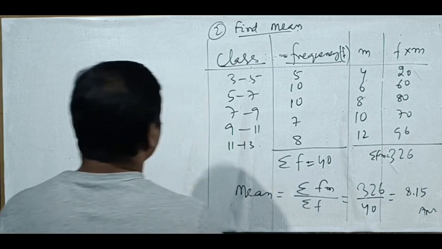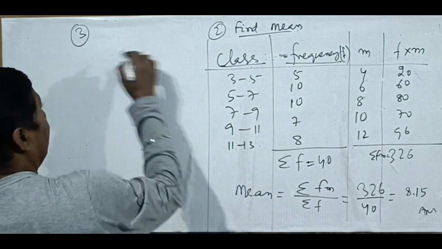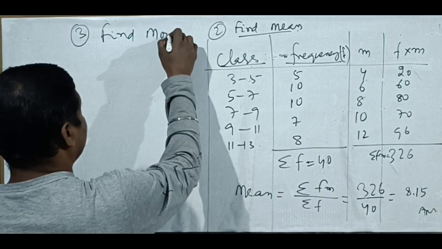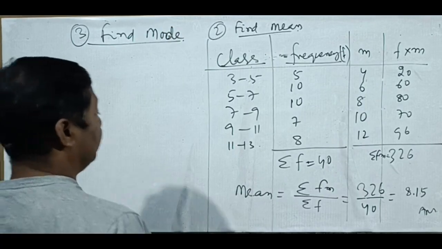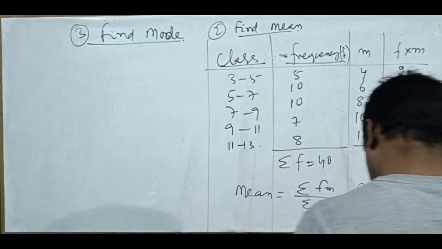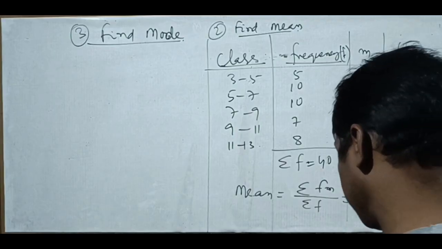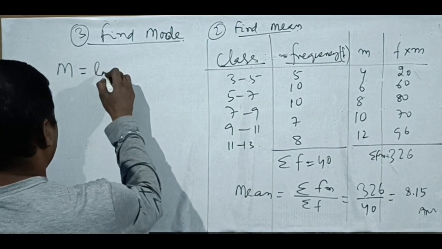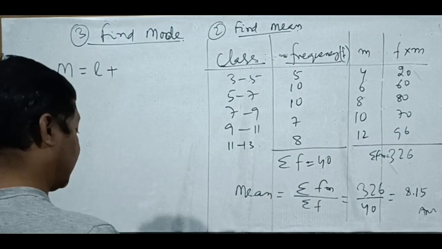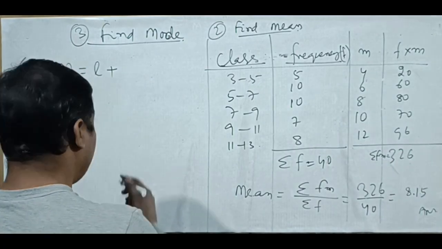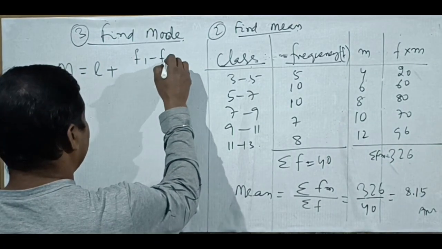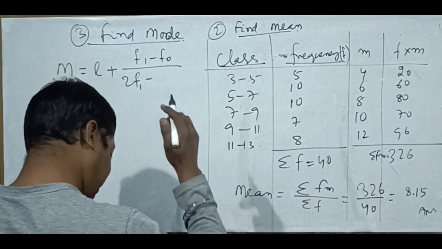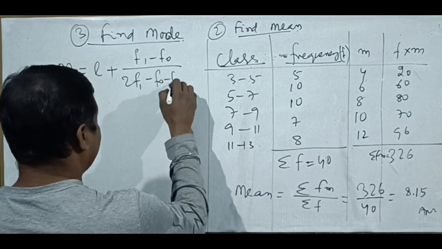Let's calculate another number of the same statistics. Find mode. How to find mode? Do you know the formula for mode? Mode is equal to, always remember, the lower limit of the modal class plus f1 minus f0 by 2f1 minus f0 minus f2, into the class width.